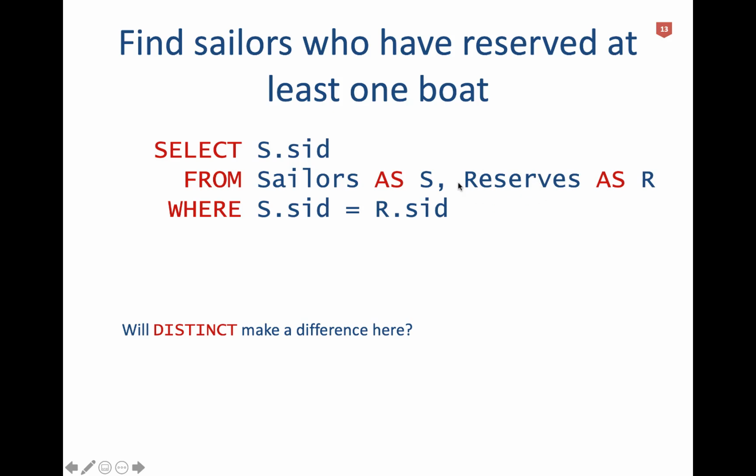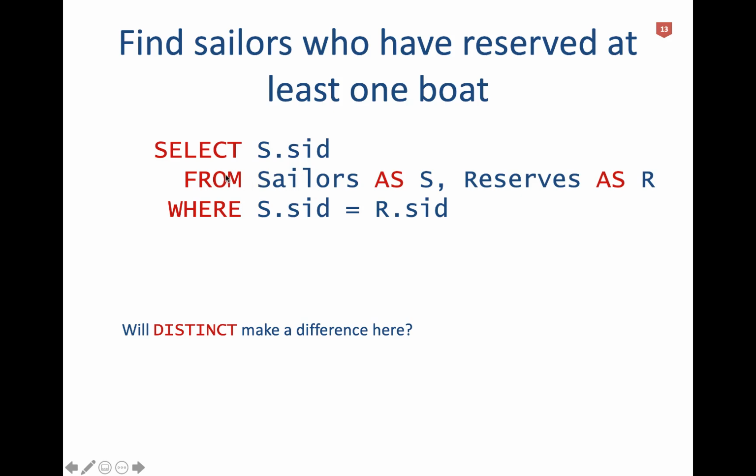Although you can use the names of the tables, sailors and reserves, it's recommended to use the as clause and use variables instead. So I want to see s.sid, where s.sid equals r.sid.